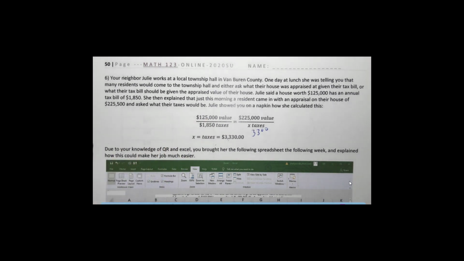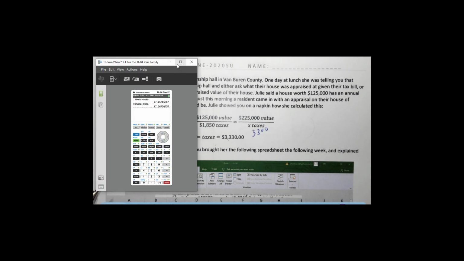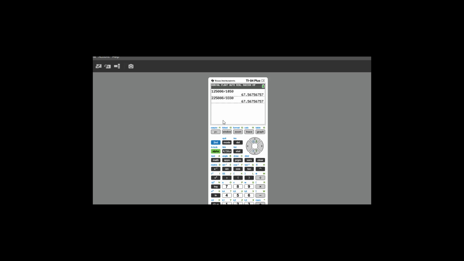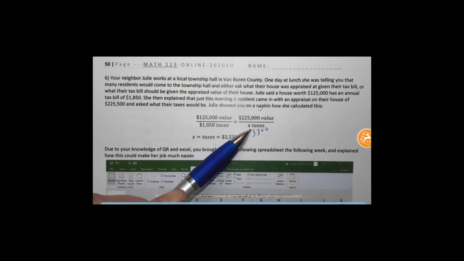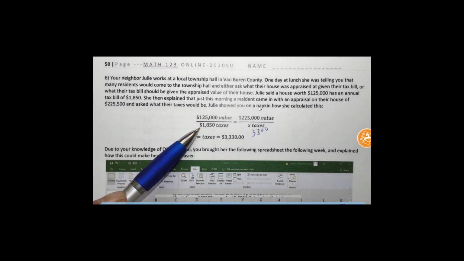Let me put that up there. And there it is. 125 divided by 18, it's the same number. Of course it's the same number because all these relationships in proportions, all these ratios are the same.